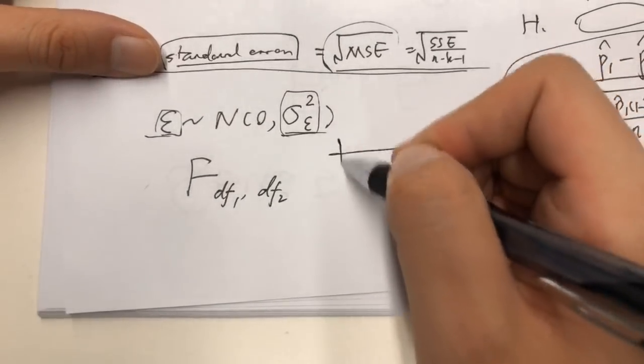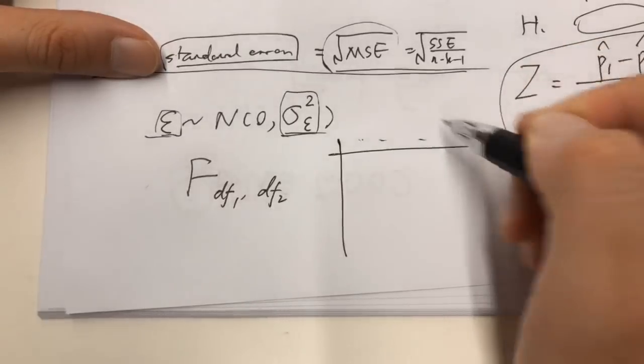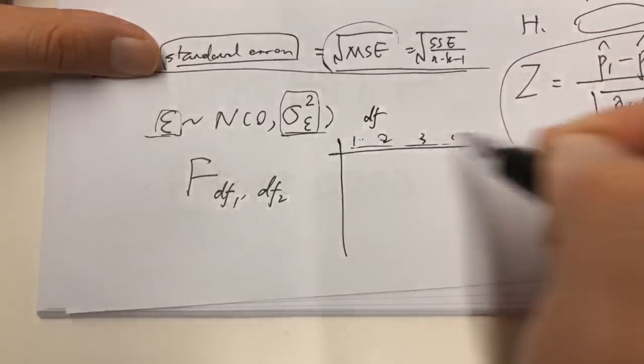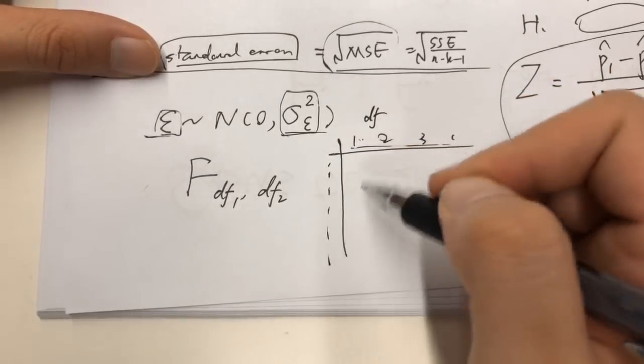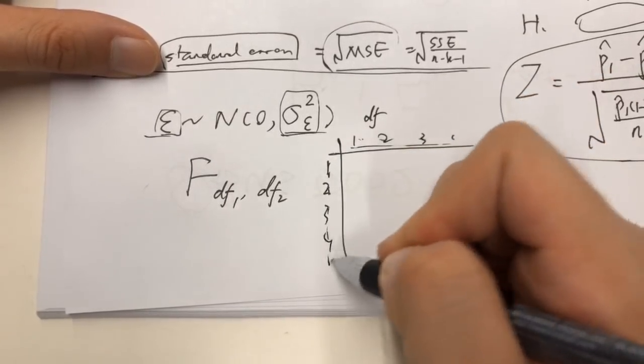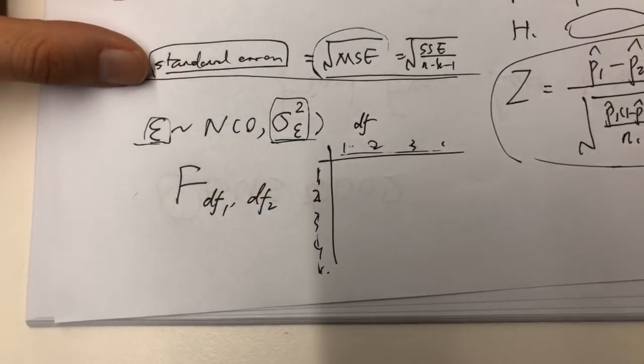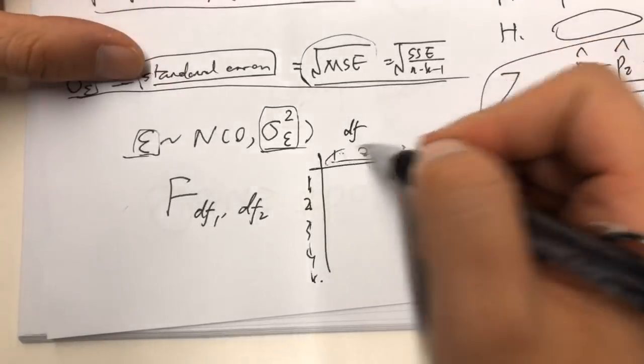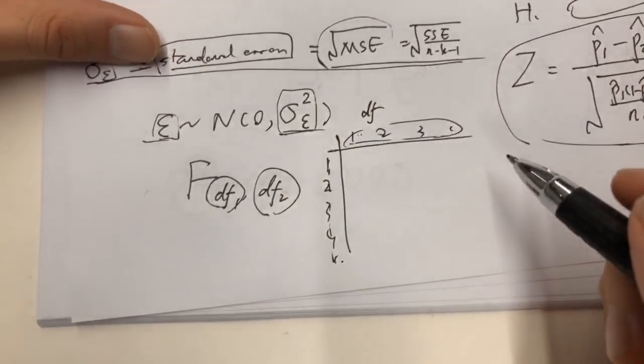On the F table, each column is for a different numerator df. Which number to use depends on what question you are asking.